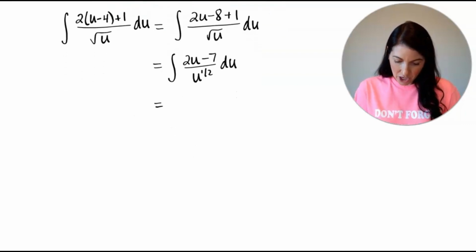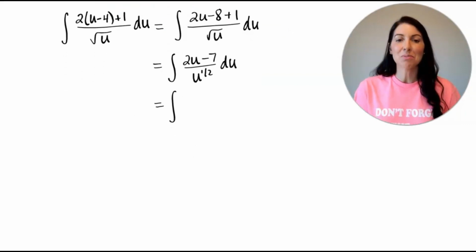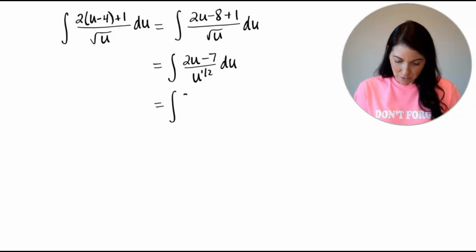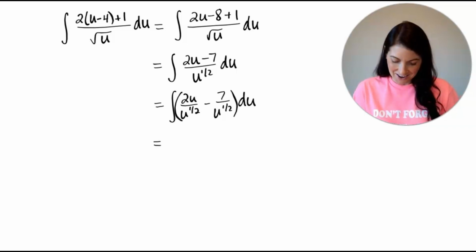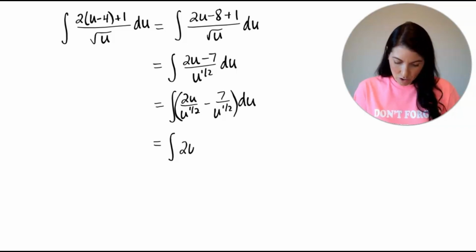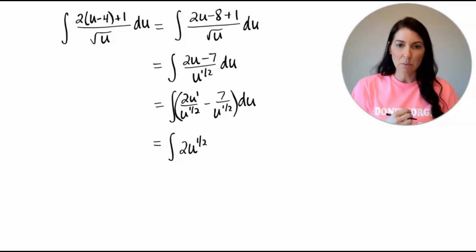All right, from here, let's use the strategy of splitting up the fraction. So we would have 2u over u to the 1/2 minus 7 over u to the 1/2 du. And let's use some exponent properties here to rewrite this as 2u to the power of 1/2 because we would subtract those exponents.